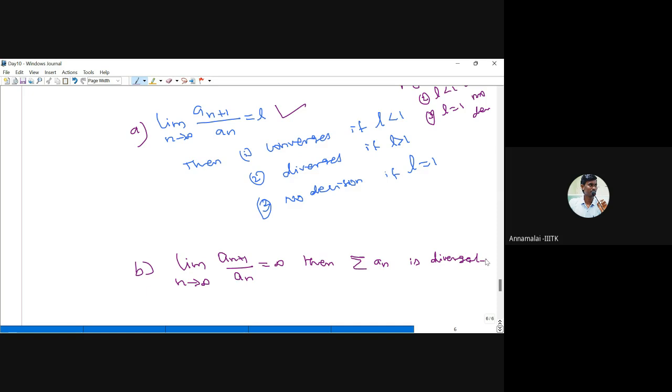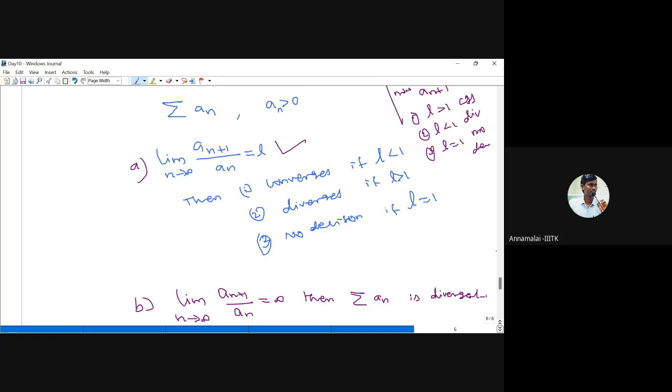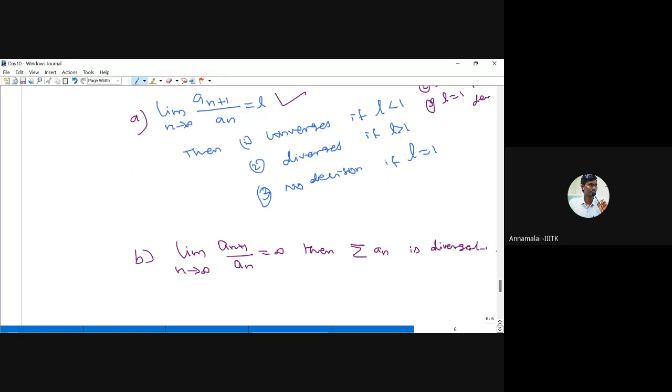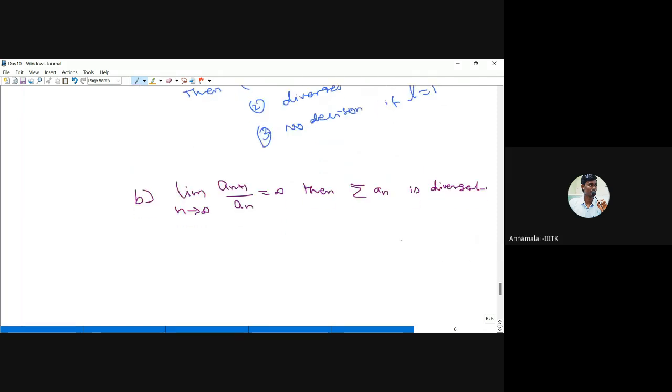Again, if an by an plus 1 is also infinity, then we can say it is divergent. Same thing, either an plus 1 by an, or an by an plus 1: if we get infinity, then the series an is divergent. Oh, sorry, this converges because we get 0, like 1 by n.